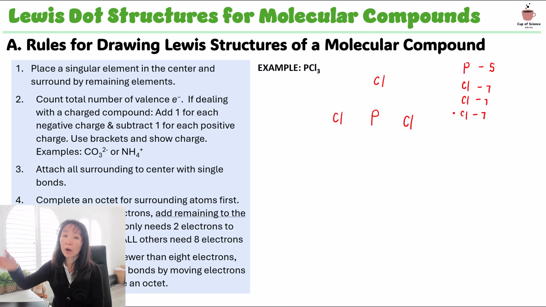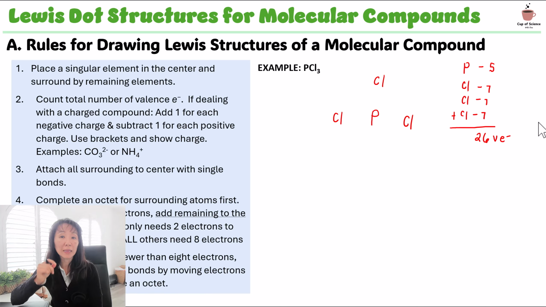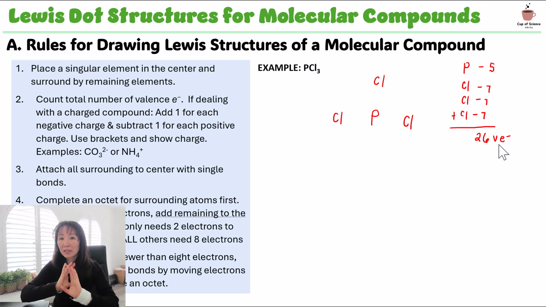You just go across the column. If I add all of this up, you will get 26 valence electrons. Now, with these valence electrons, you're able to draw in those lines and the dots. There's 26 available. Our goal is to utilize all of them and fulfill the octet.